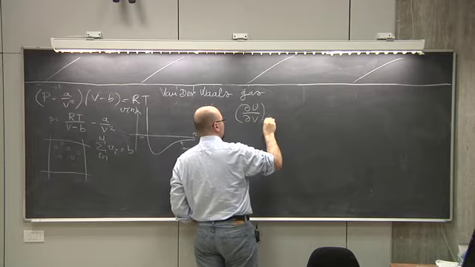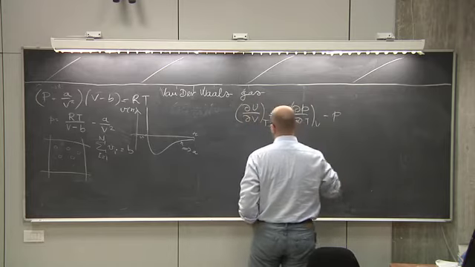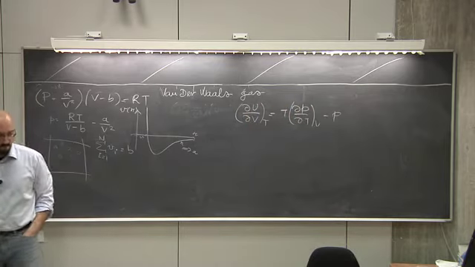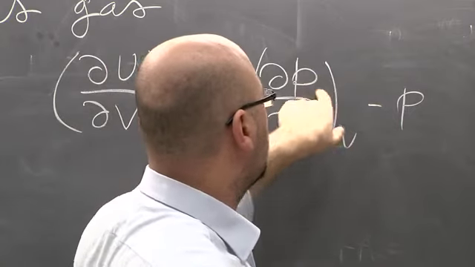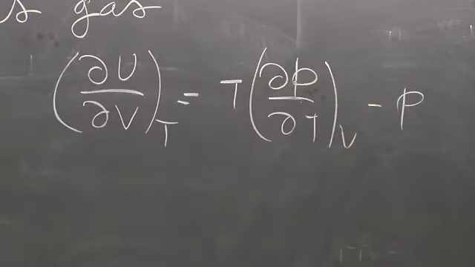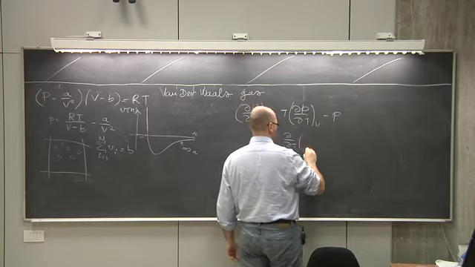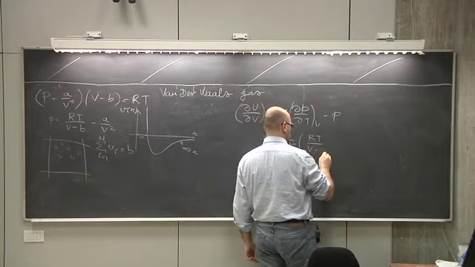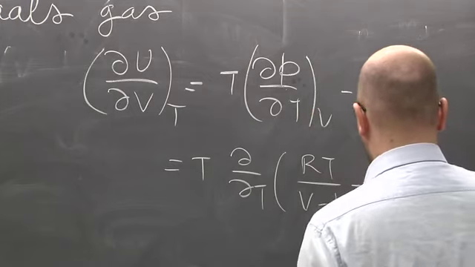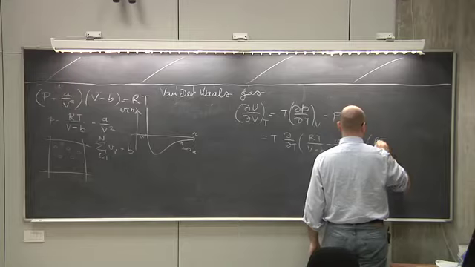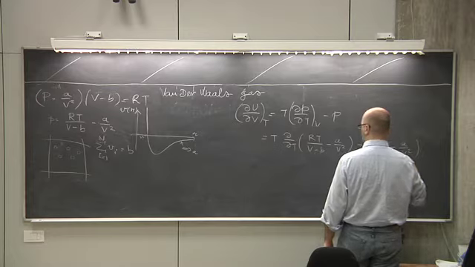Let's get our favorite equation. And let's look at this equation when P has this form: RT divided by V minus B, minus A over V squared.